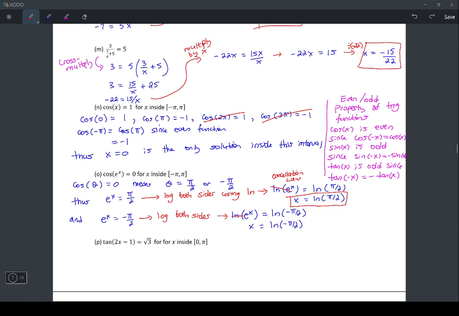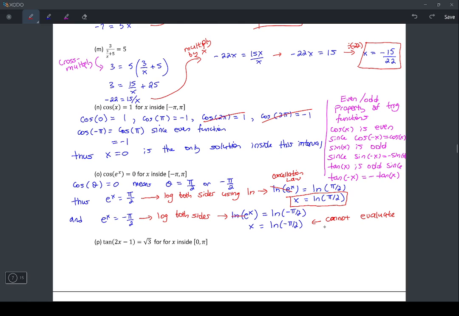But you cannot take the ln of a negative number. Not in this course. You're not allowed to put negatives into logs. You get imaginary outputs, which we don't do.